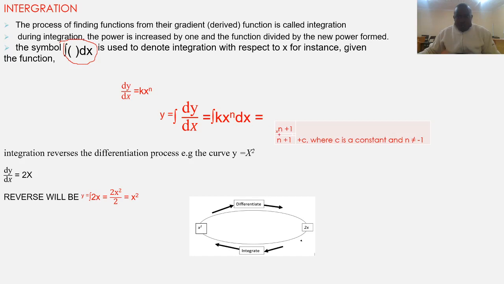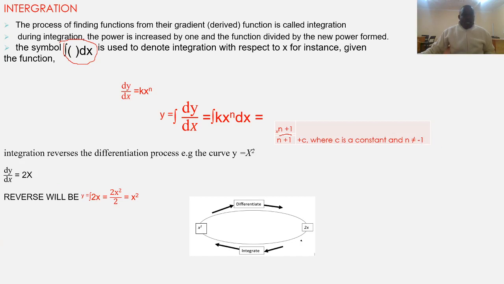So it will be x power n plus 1 divided by n plus 1, then plus a constant c, whereby c is a constant and n must not be equal to -1.